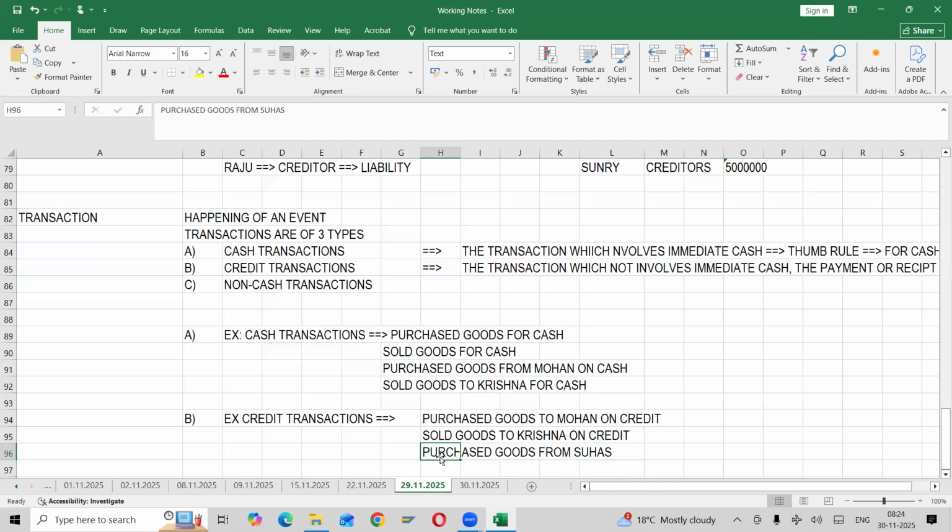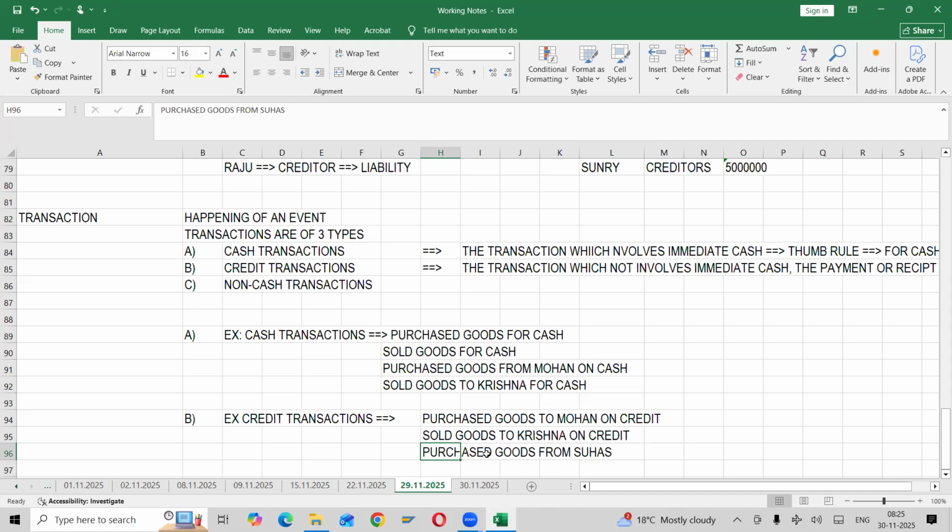Understood? Here they have clearly mentioned it's a credit and here it is a cash. But in this particular transaction, purchased goods from Suhas, it is not mentioned whether it is a cash transaction or a credit, right? Then thumb rule, as I said: whenever the person name or entity is mentioned without mentioning cash or credit, then it will become a credit transaction.